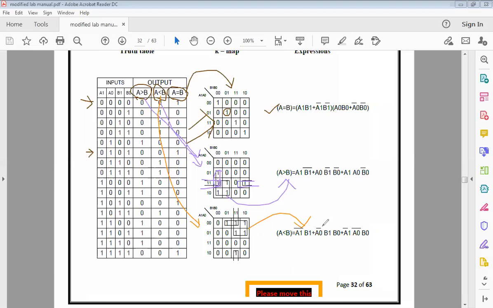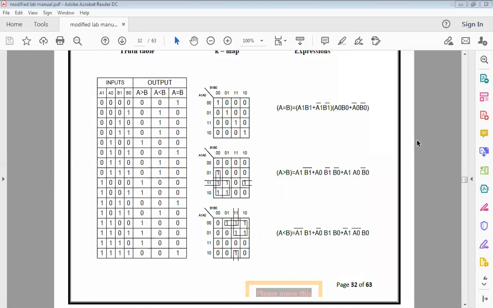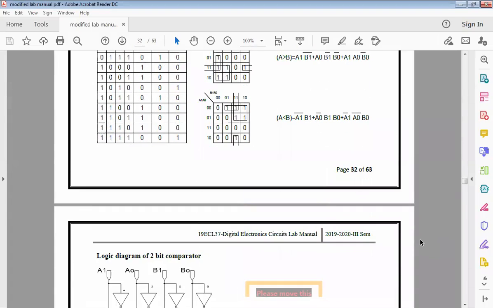So we will now continue and check how this can be implemented. Once we have these equations, it becomes very easy for us. We just have to see what values are to be put.